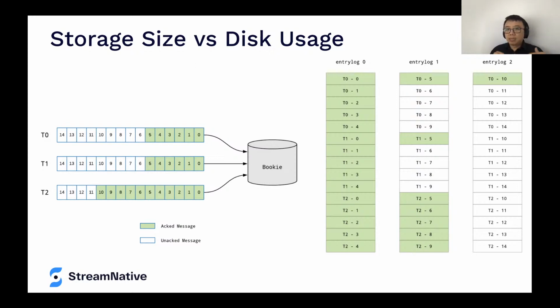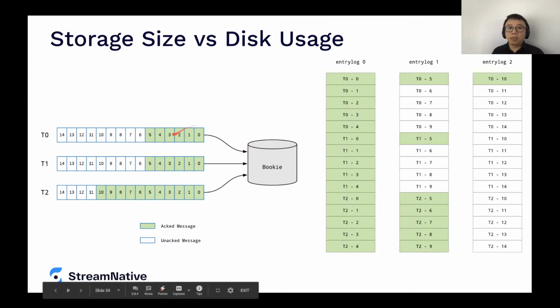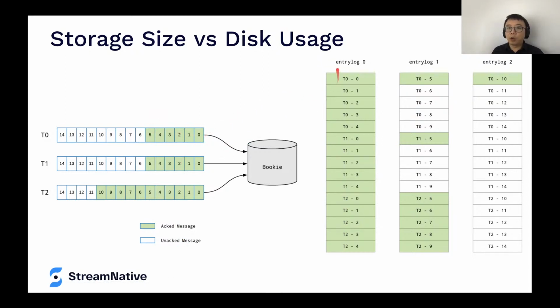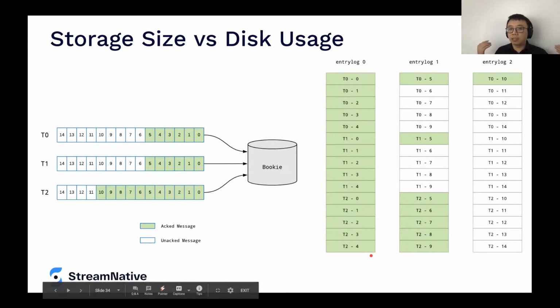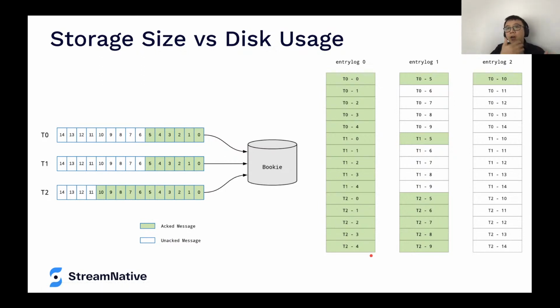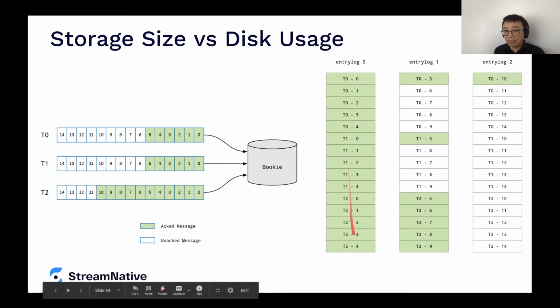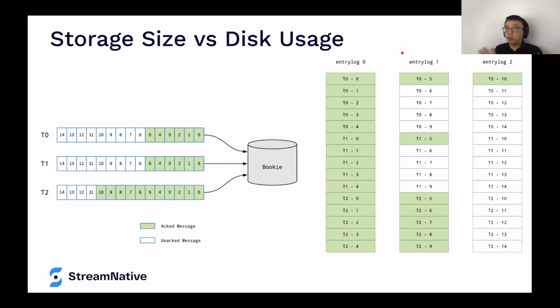That means when some of the segments are deleted, if all the entries of an entry log file are already deleted, then the entry log file will be deleted. Otherwise, the entry log file would remain large until all the messages are deleted.